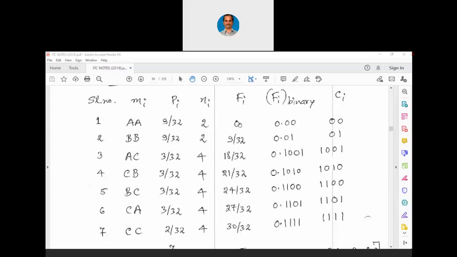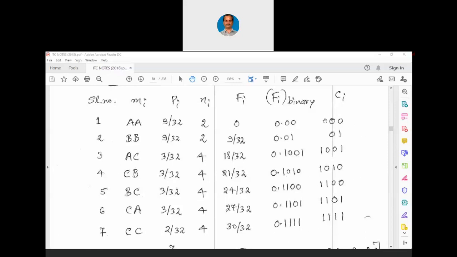Now, the fraction, first one is anyhow 0, then 9 over 32, add it with this, 18 over 32, add it with this, 21 over 32, that way go on. At the end, 30 over 32, and here you have 2 over 32, anyhow you are going to get 32 over 32, you will get unity there. Ultimately it means 0 and 1. Now convert this decimal fraction into binary. Here we get 0, 0, 0, 1, 1, 0, 0, 1, 1, 0, 1, 0, 1, 1, 0, 0, 1, 1, 0, 1, 1, 1, 1, 1.